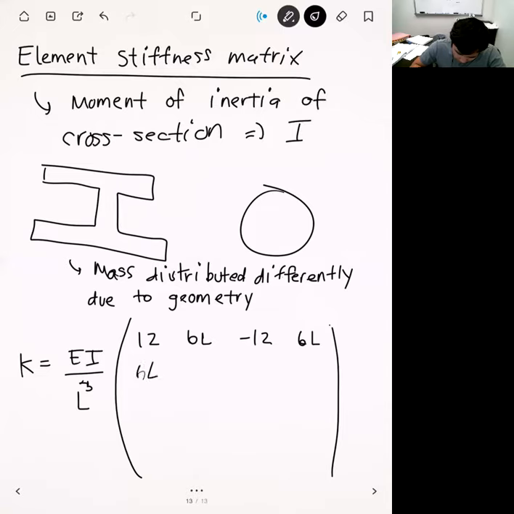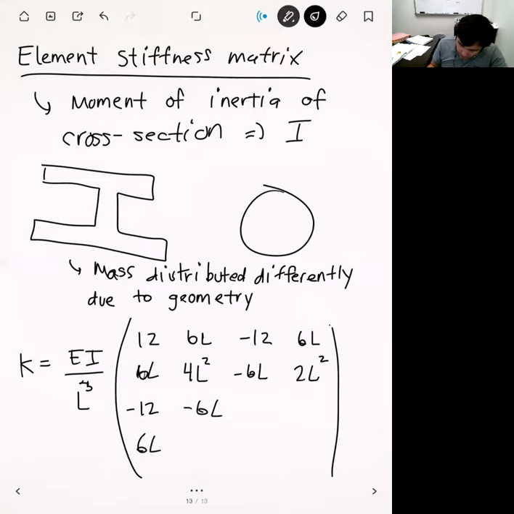So we have 6L, minus 12, 6L, 4L squared, minus 6L, 2L squared.